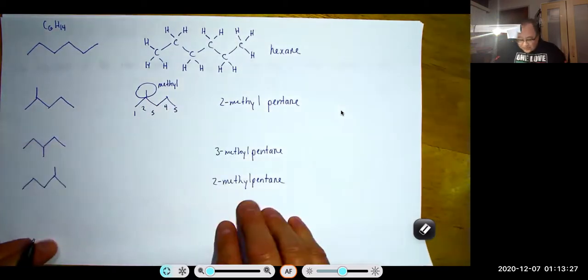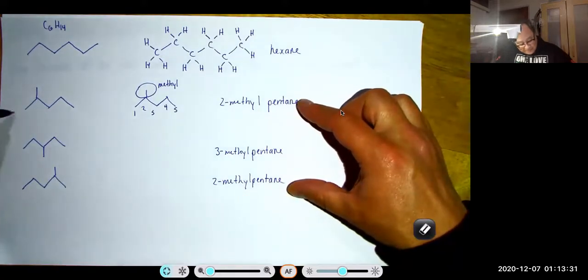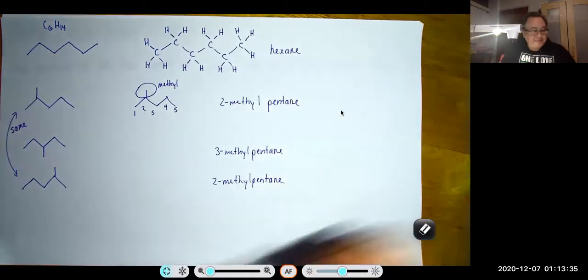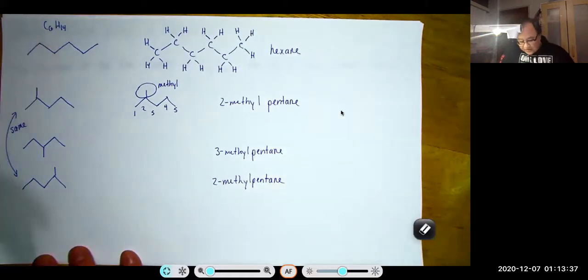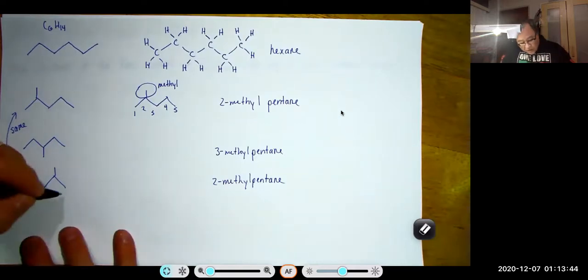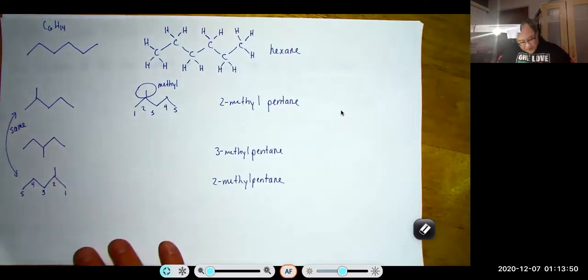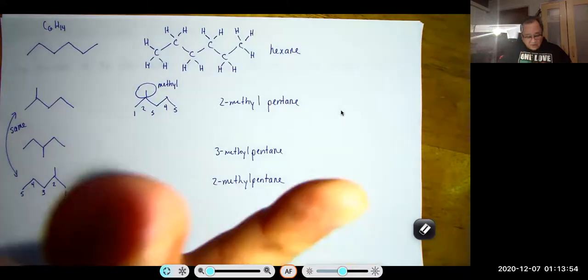Now, you'll notice that these two have the same name because these two are the same. All we've done is we've drawn it backwards, so to speak. Okay, so the idea here is that when you're naming these, you want to number the parent chain, that's the longest chain of carbons, and you want to start numbering at the end that is closest to the first branch. So this is all of the ones that we can draw that have 5 carbons in a row.